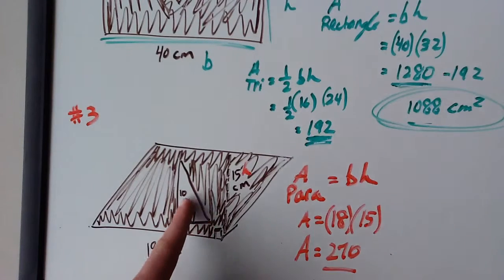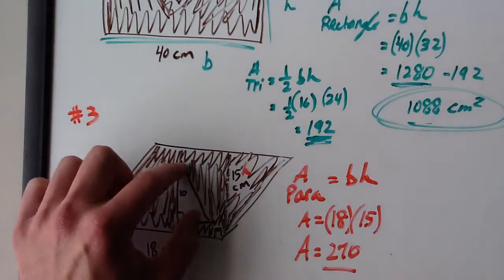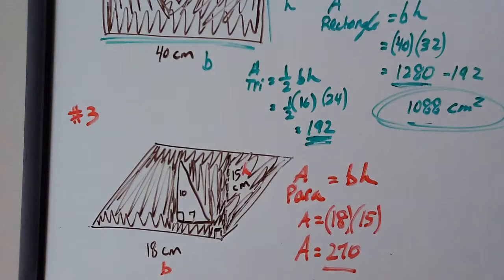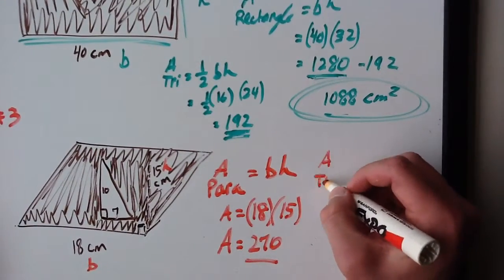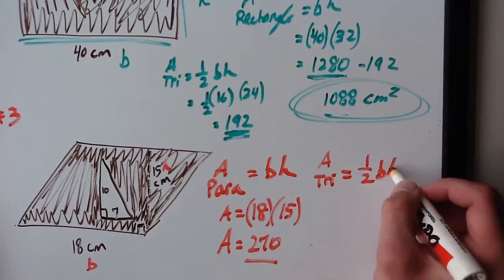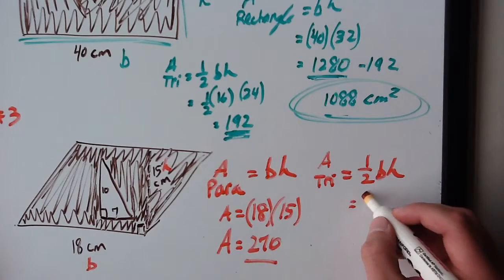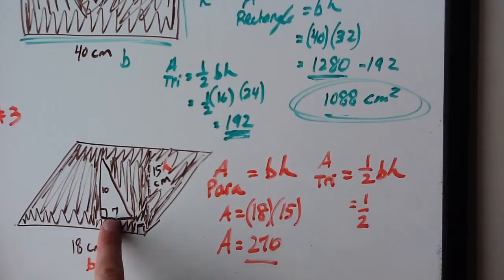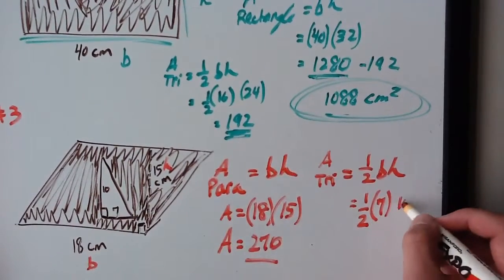Now, since I have a triangle that sits inside of it, and that is not shaded, I need to take that triangle out of the shaded region. So let's find the area of the triangle. I'll put area of triangle, TRI, is 1/2 times the base times the height. Okay, so area of triangle is 1/2 times the base, which is 7, times the height, which is 10.